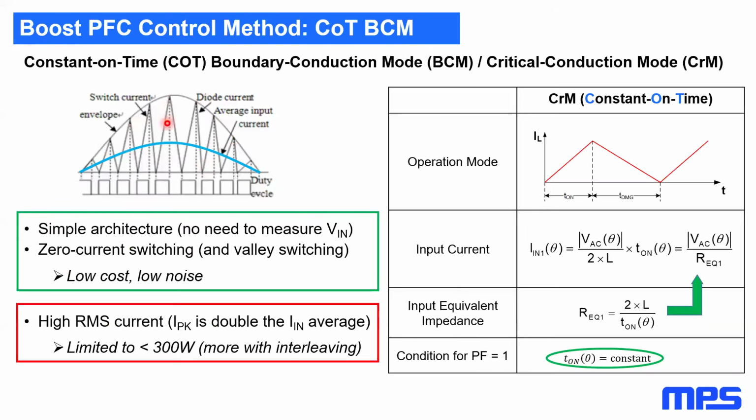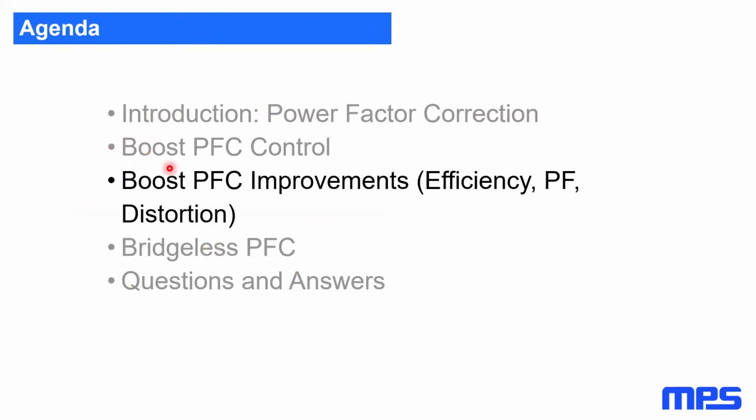Here, if you decrease the peak current, the frequency will tend to go up because this boundary conduction, the time where the current goes back to zero and we turn back on, will get closer and closer to the previous on time. So the frequency tends to go up.